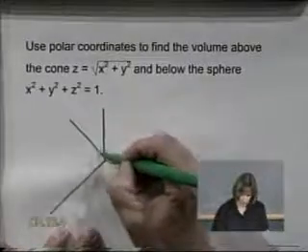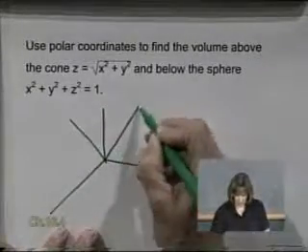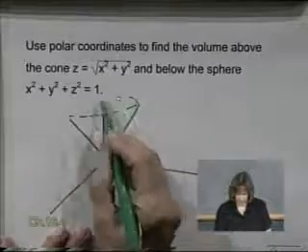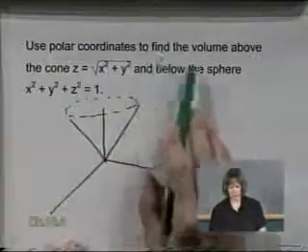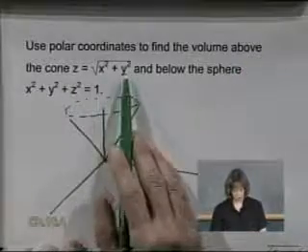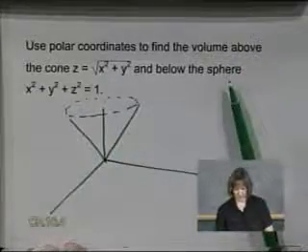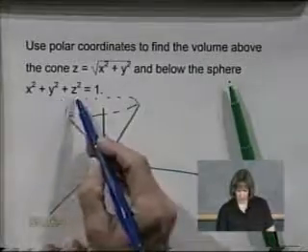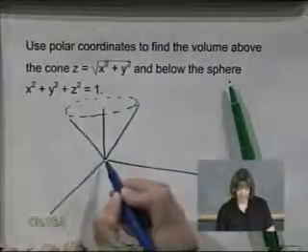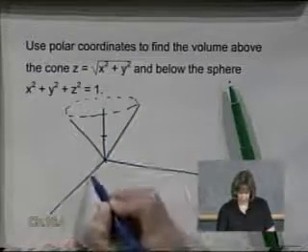Here's the cone. Okay, there's my cone. We want to use polar coordinates to find the volume above this cone, but below the sphere. X squared plus y squared plus z squared equals 1 is a sphere of radius 1.